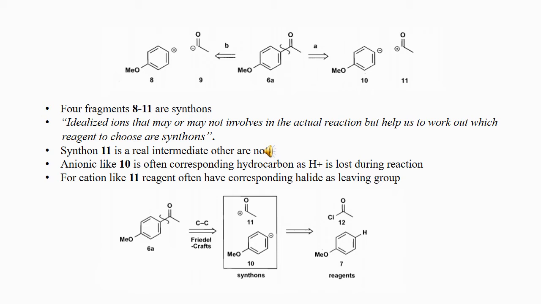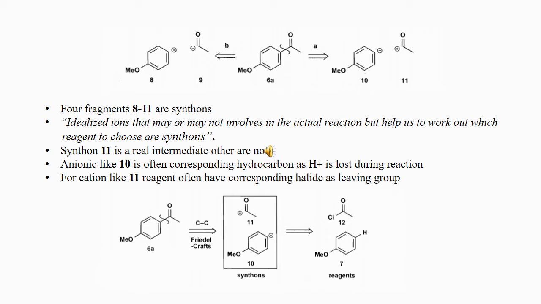Now if we discuss, synthon 11 is a real intermediate, while the others are not real intermediates. In both these reactions, the one above where we were nitrating toluene for making benzocaine, and now in this reaction where we are going to do the Friedel-Crafts acylation, the reagents are actually cations.